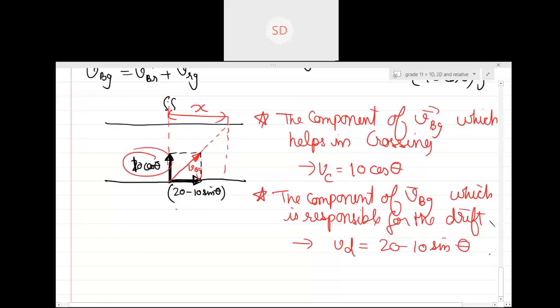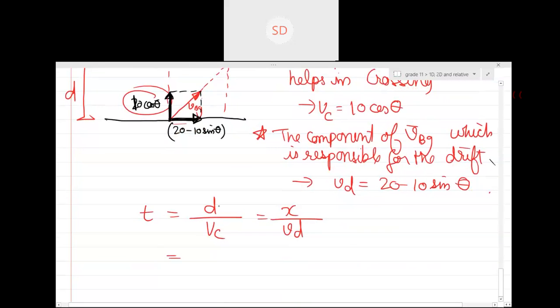And now, can you see the time taken to cover this and this should be same? I told you this is basically, let's say, d, right? So can you see the time will be equal to distance upon the crossing velocity. Crossing velocity is how much? And this is equal to x upon this velocity. So t is d upon 10 cos theta, equal to x upon 20 minus 10 sin theta.